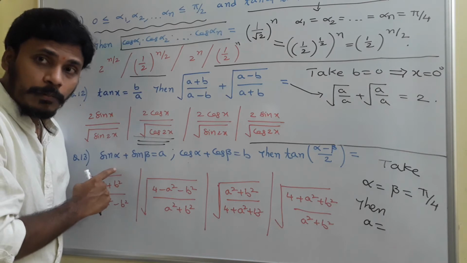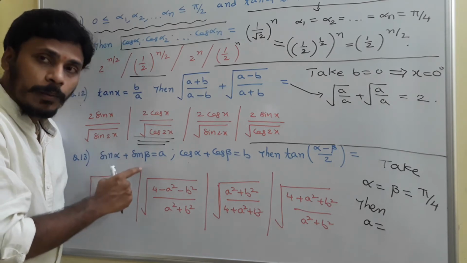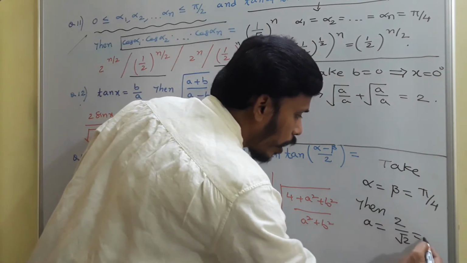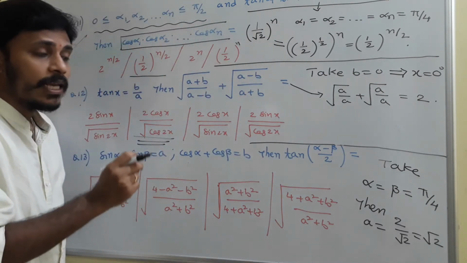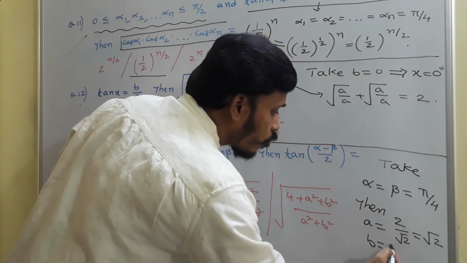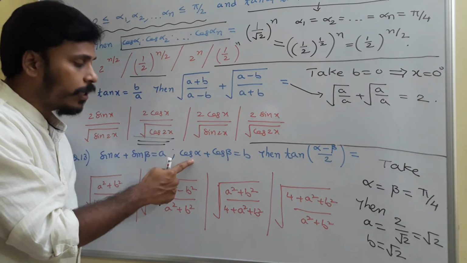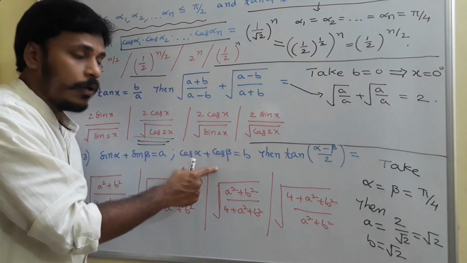Sin pi by 4 is 1 by root 2, and sin pi by 4 is again 1 by root 2. 1 by root 2 and 1 by root 2 give 2 by root 2. So a is equal to 2 by root 2, and on simplification you get root 2. So your a value is root 2 by taking alpha and beta as pi by 4. Similarly, if you calculate b, cos pi by 4 and cos pi by 4 are 1 by root 2 and 1 by root 2, giving 2 by root 2, which is root 2. So b is also root 2.